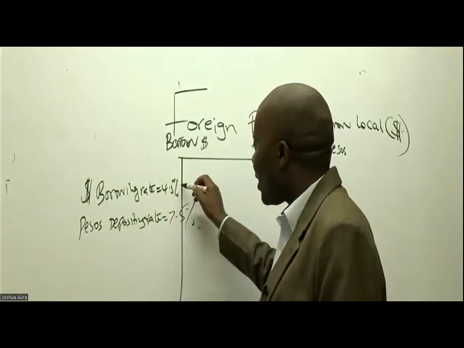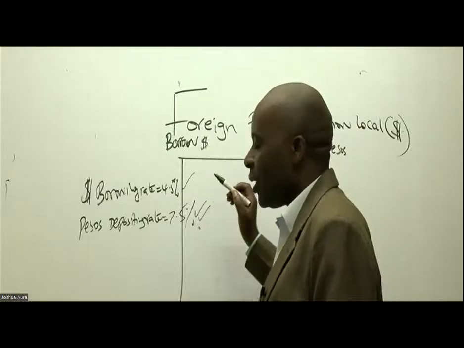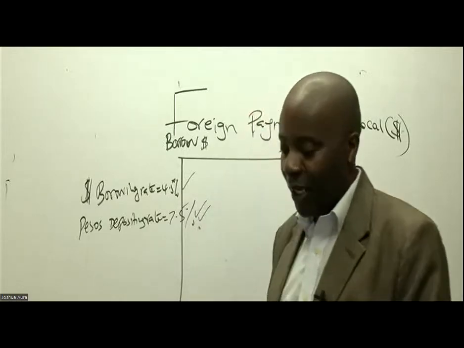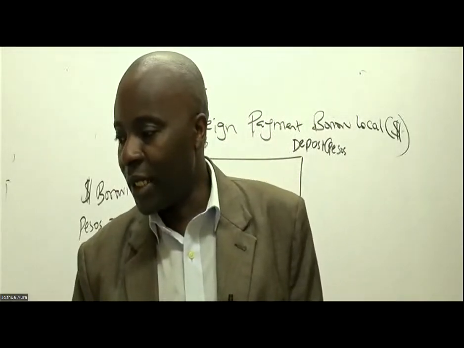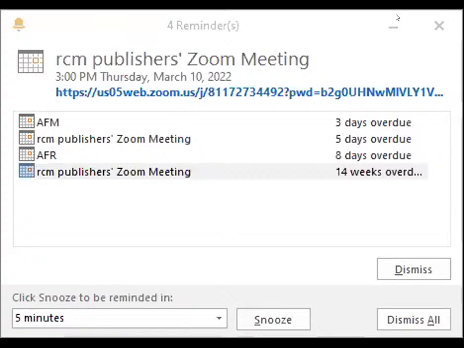These figures are annualized, they are for a whole year. What he asked you to do here was very simple: what are the appropriate 6 months rates? So you need to take this figure times 6/12.